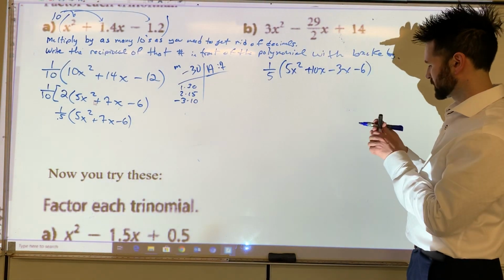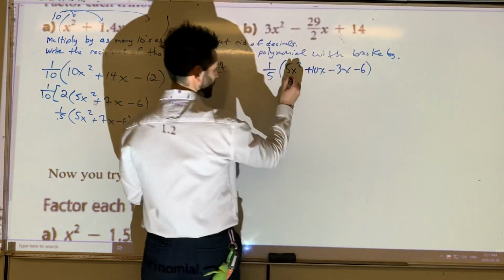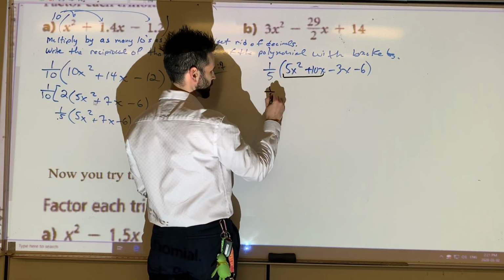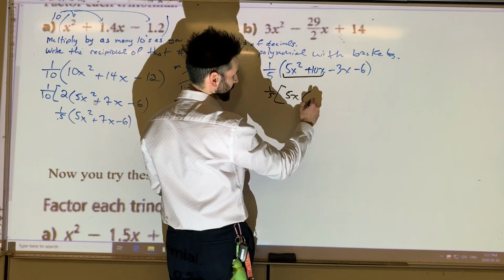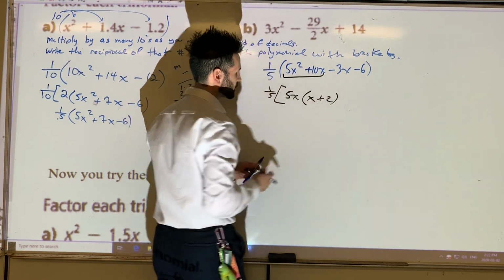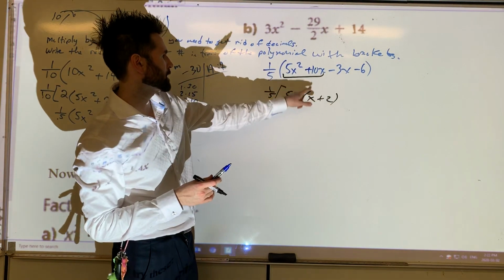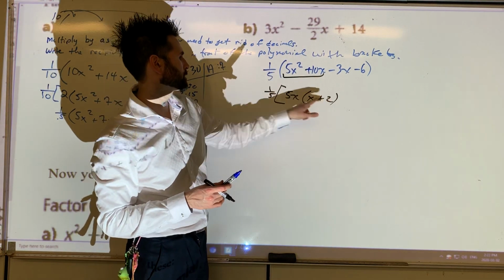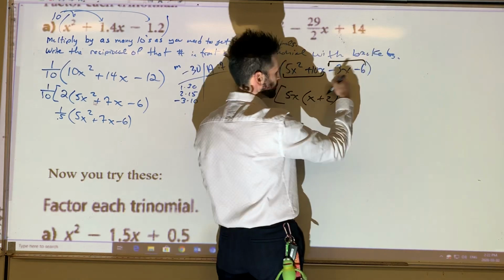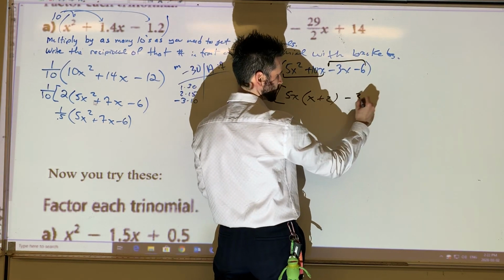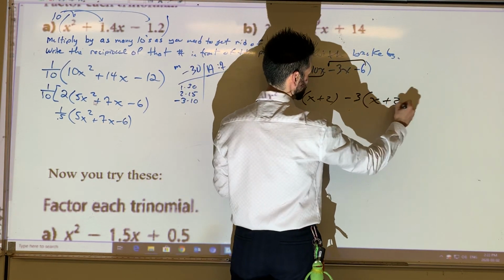So now, first two terms, I got 1 over 5, and then I can pull out a 5x, and I get x plus 2. 5x squared divided by 5x is x, 10 divided by 5 is 2, x divided by x is 1, so that makes sense. And then here, both negatives, so you can pull out a negative 3, and you get x plus 2.